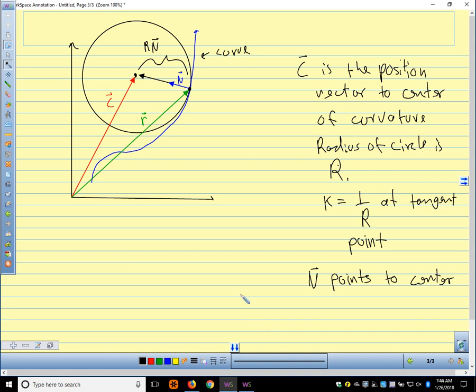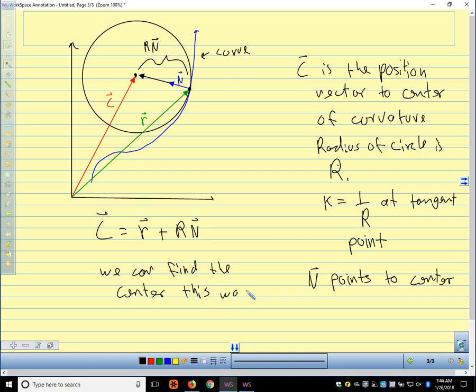So from the diagram, we see that C, the vector to the center of the circle, is the position vector to the tangent point that we're interested in, plus R times N. This is how we'd find the center of curvature using vector methods.